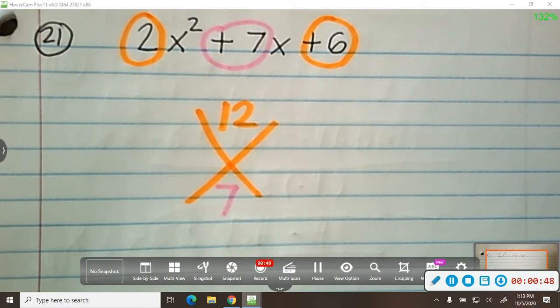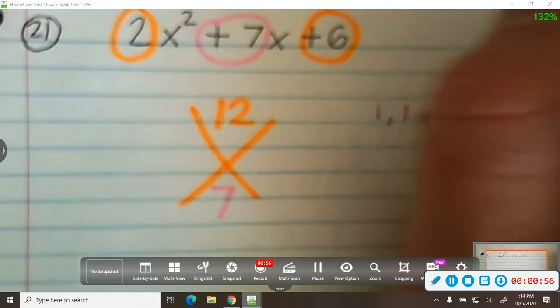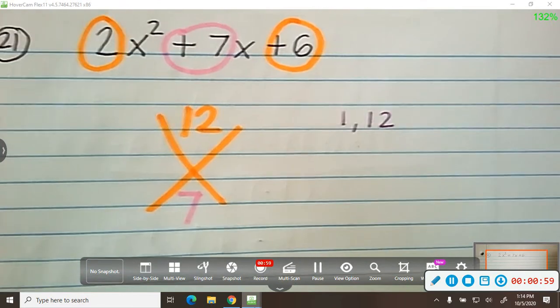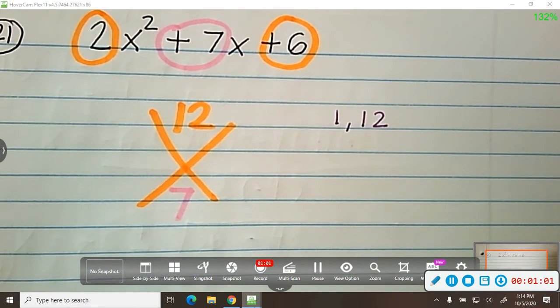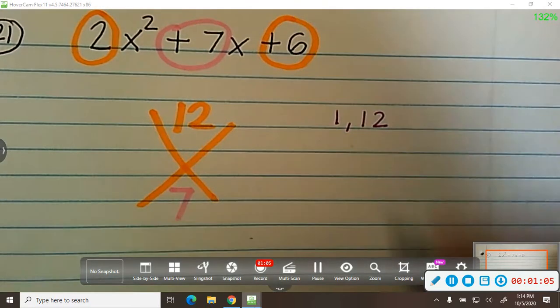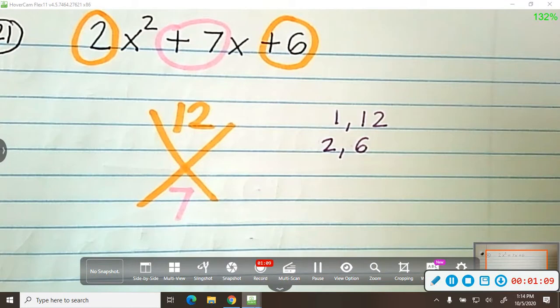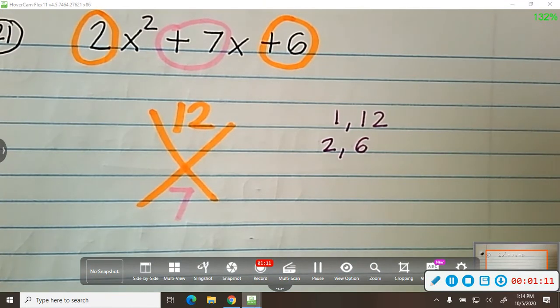Now I start thinking about the number 12, and I start thinking about what multiplies to 12. 1 and 12 multiply to 12. But when you add 1 and 12, you get 13, right? And then 2 and 6 multiply to 12, but when you add them, you get 8.